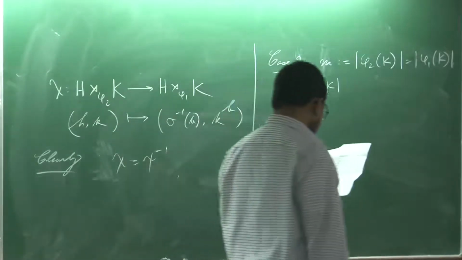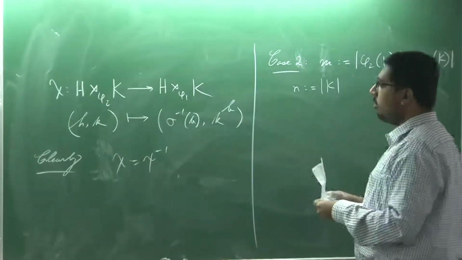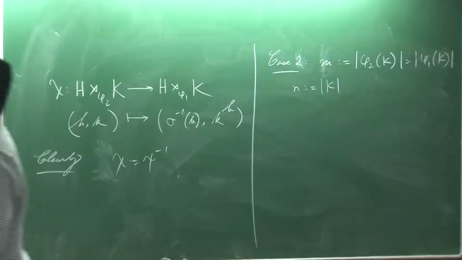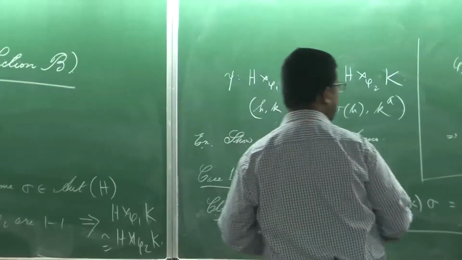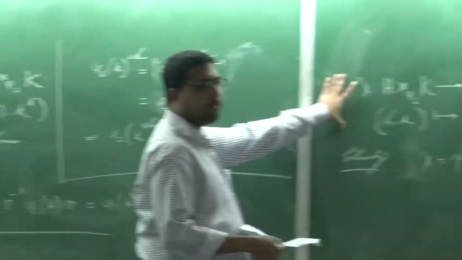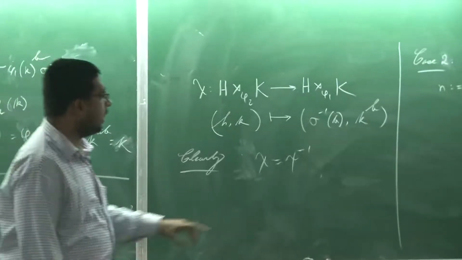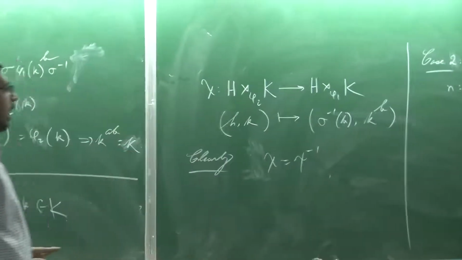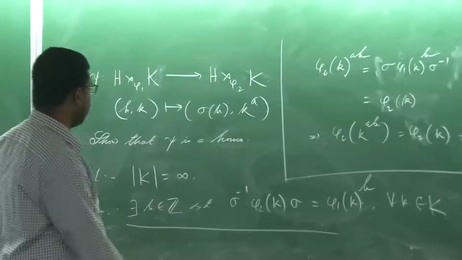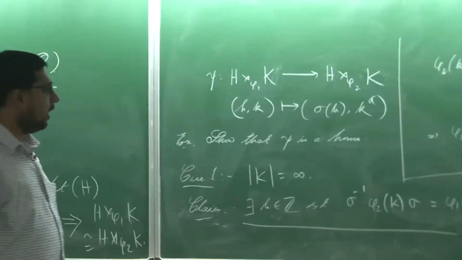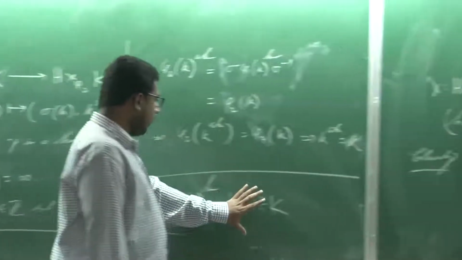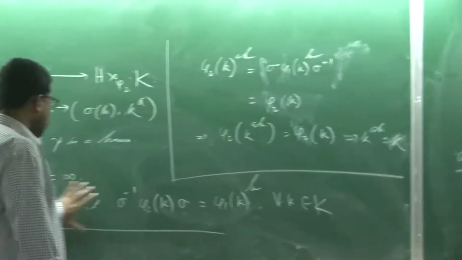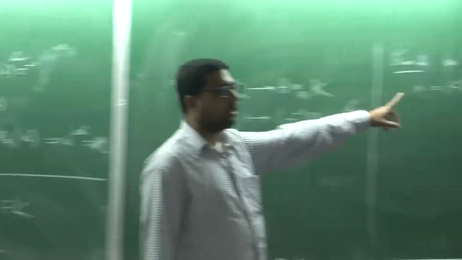So what would be the strategy to prove this? We would like to construct a similar map in this case as well. For that we need to have a b. How is that b constructed? It is constructed in this way. So this argument is also valid in this situation.